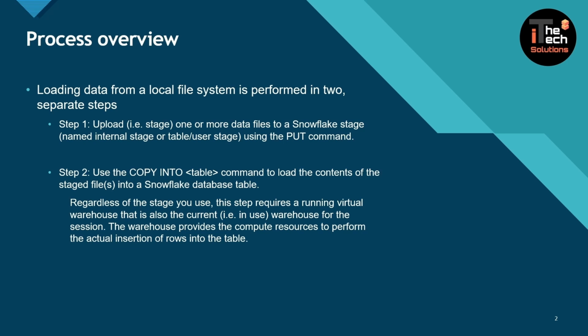This COPY INTO command then takes the data from the internal stage into the database, or into the tables. Regardless of the stage that we use, and there are different types of stages that we will see, this step requires a running virtual warehouse, and it should be on. The warehouse provides the compute resource to perform the actual insertion of rows into the tables.